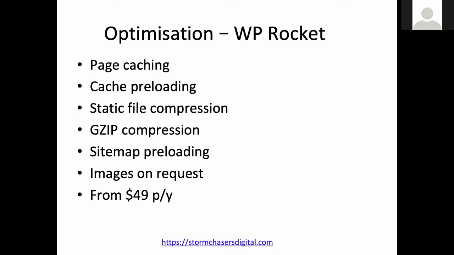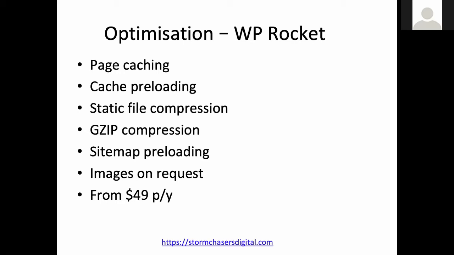So some of this perhaps doesn't make much sense to you. So cache preloading, for example, is they have like a spider, for want of a better description, that works along the same lines as Google does, so that it already knows what the page is. gzip compression makes the files themselves smaller.